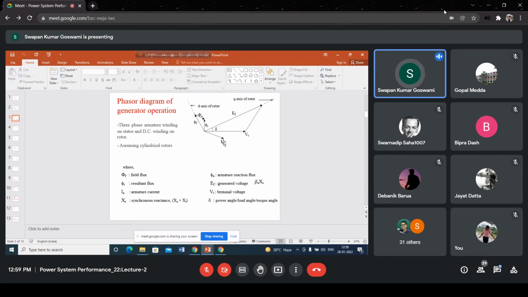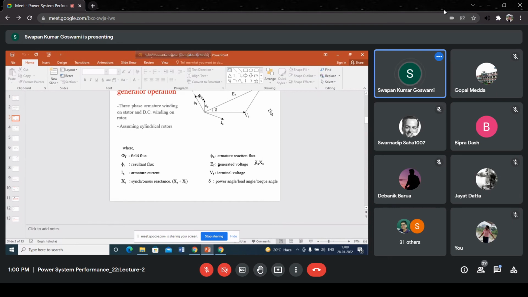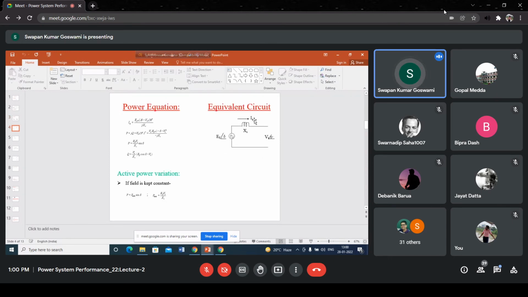Current flowing is Ia, that is shown. Terminal voltage is shown, taken as reference. Induced EMF is shown. It is making an angle delta with respect to terminal voltage, and this drop is jIa Xs. This is being created by this current when it flows through this reactance.